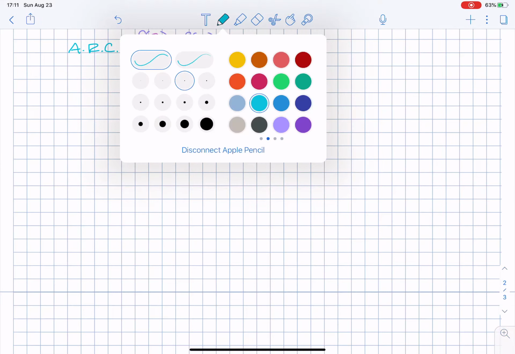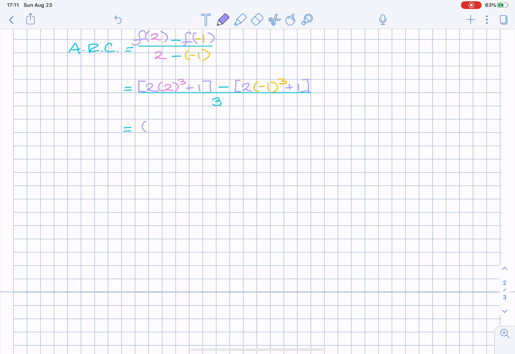So what do we have? So in the first parenthetical, we have 16 plus 1 is 17. Minus, in the second parenthetical, we have negative 1 times 2 is negative 2 plus 1 is negative 1.